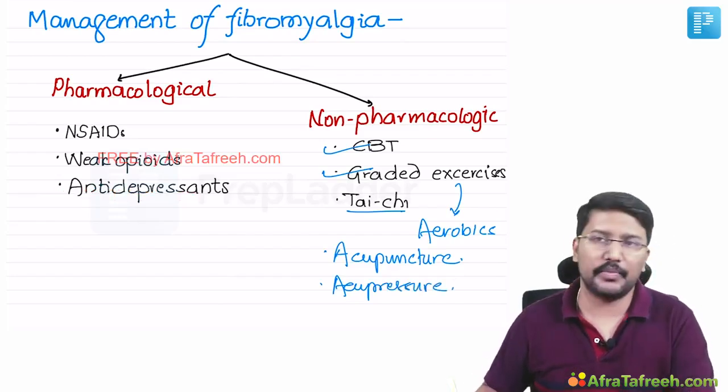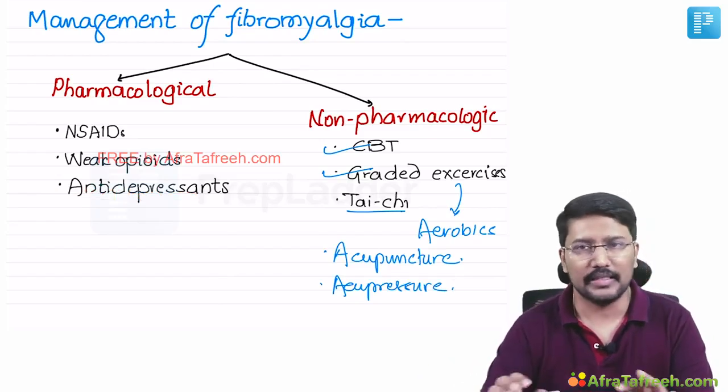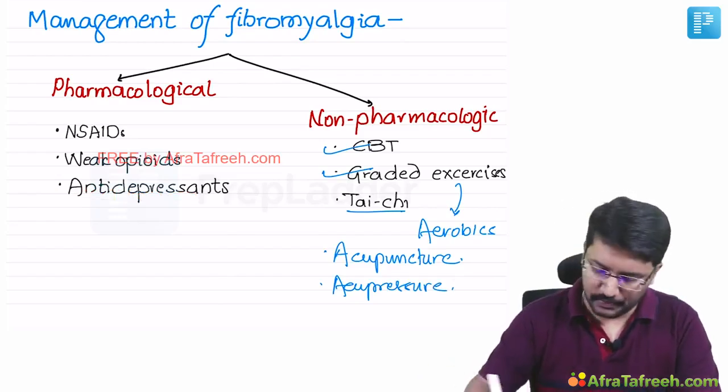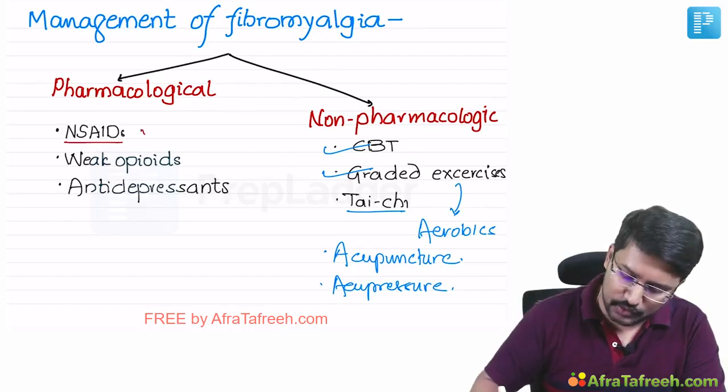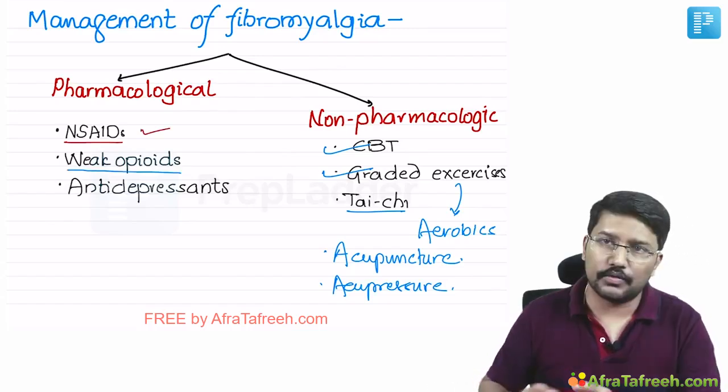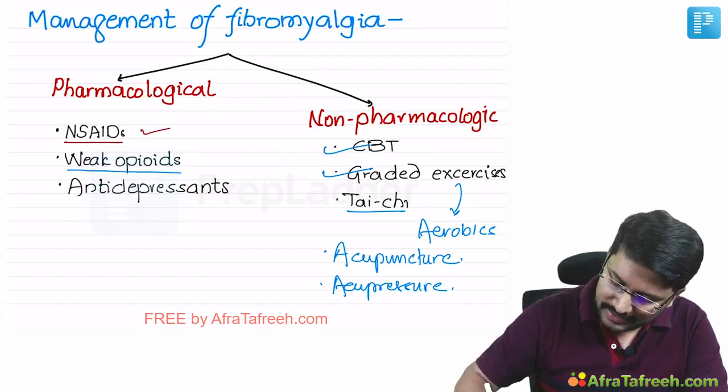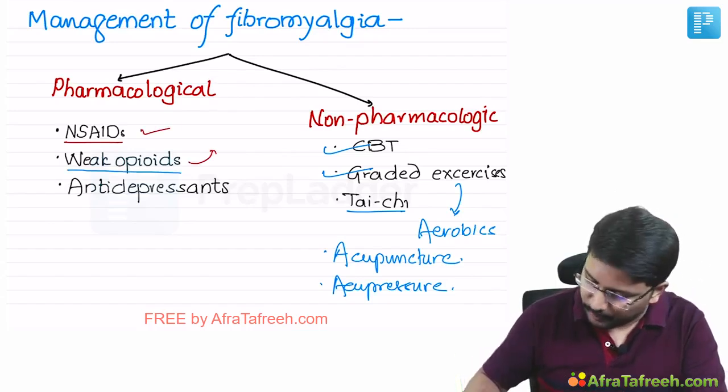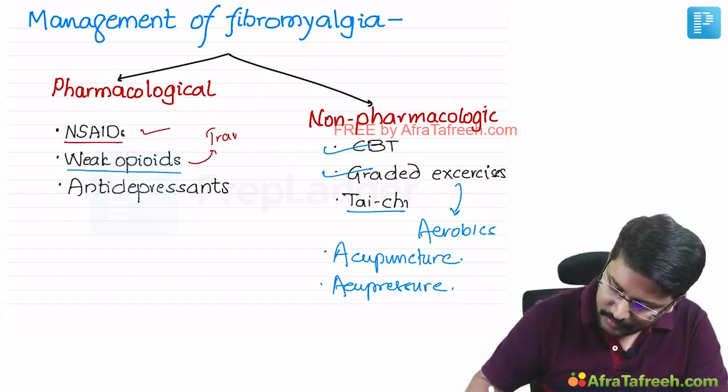Coming to pharmacological treatment, the American College of Rheumatology backs certain important pharmacological steps. NSAIDs, yes, they are useful to some extent to control the pain. The American College of Rheumatology particularly recommends weak opioids, mainly tramadol, and there is a reason behind that.